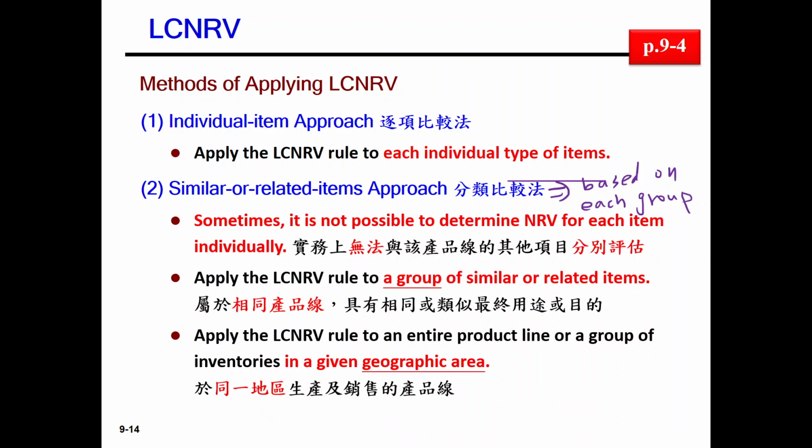Like a chair and a desk, they are similar products. So based on similar products, we classify them as a group. Okay? Or you can use the same area, because they are in the same country like Taiwan, or they are in the same city like Taipei. So based on the same area, you can also classify them as a group. Okay, so either way, similar products or the same area.